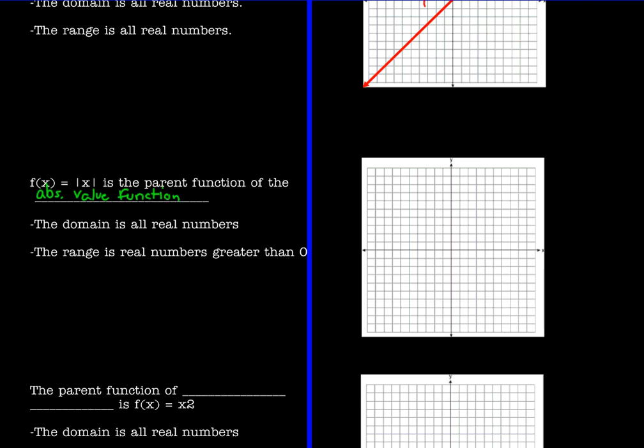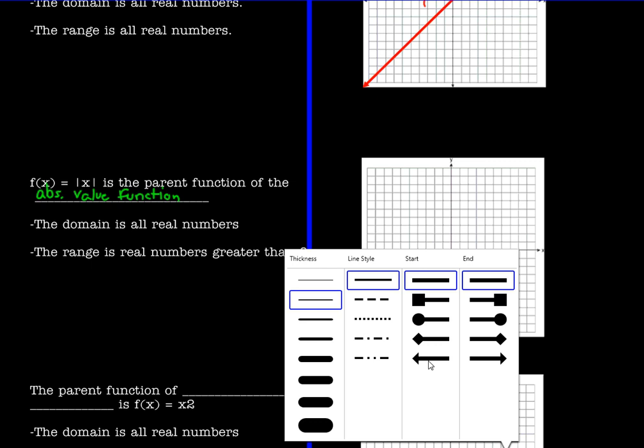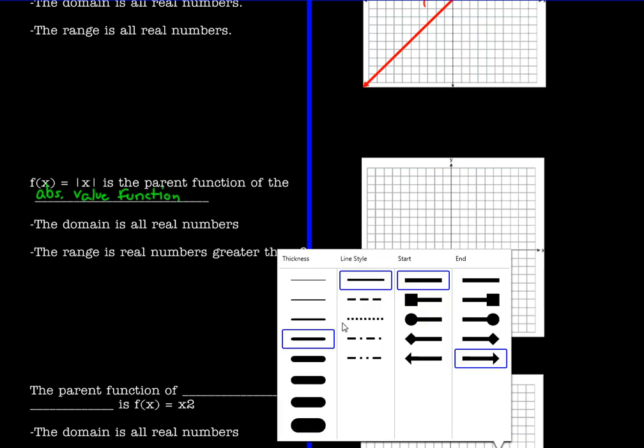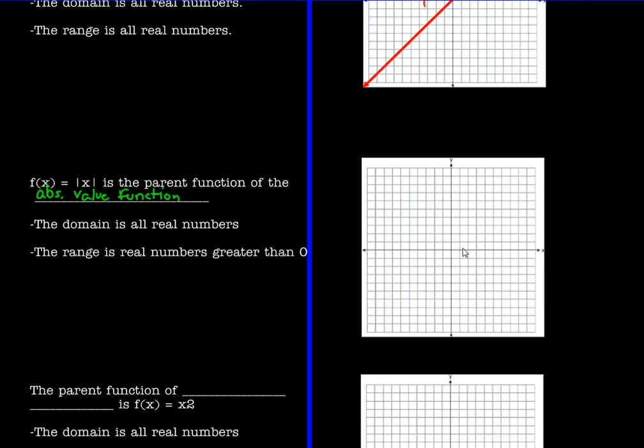What that looks like is a V going off on the 1, 1 line, 1, 1, 2, 2, 3, 3, 4, 4, 5, 5, but it also goes off negative 1, 1, negative 2, 2, negative 3, 3. It's a V. The domain is still all real numbers, but the range is real numbers greater than or equal to 0.